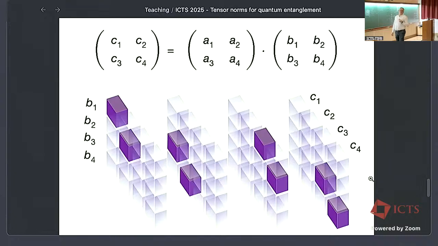So it's a cube of size 4. And the black small cubes inside the big cube correspond to ones, and the transparent ones correspond to 0. So this tells you, for instance, that I have a 1 in position, I don't have the A's, maybe because I haven't scrolled enough.